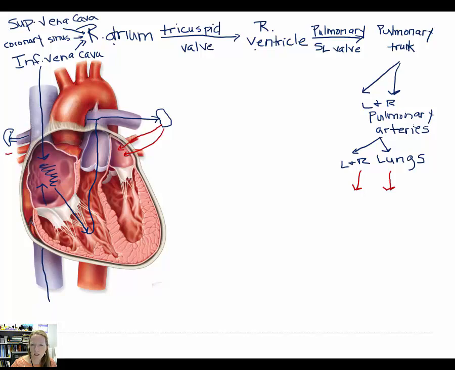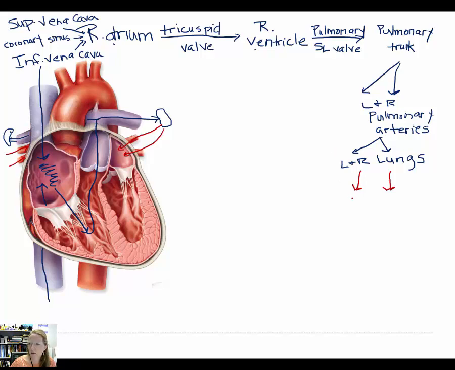Remember, left and right side, so you do have these as well over here. You can see these a lot better on the back portion, but they are going to carry it all the way and dump it in here. So they're a lot bigger on the posterior part of the heart. These are named, again, by where it's coming from and the direction of the blood.